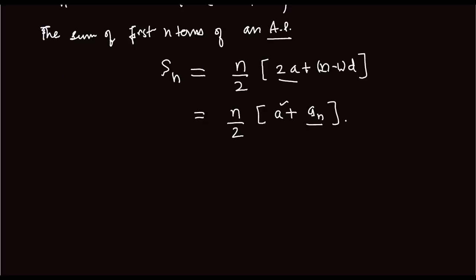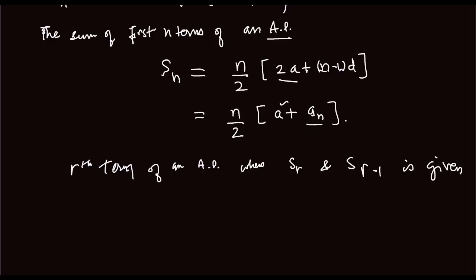The rth term of an AP when the sum of the first r terms is given. Let's say the rth term is Tr. When Sr and Sr minus 1 are given to you, the rth term will be Sr minus Sr minus 1.